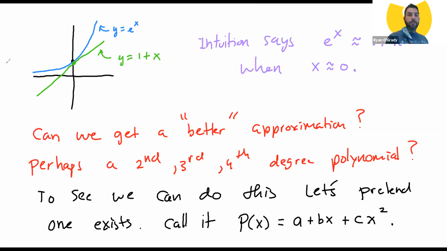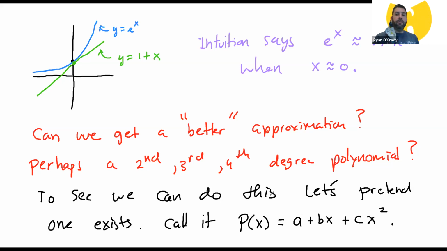So if my function p is going to be any good at matching this blue curve, its first derivative at 0 has to give me 1. The only way that's going to be the case is if b is 1. Technically a could be anything, but no, it can't, because it has to match at 0.